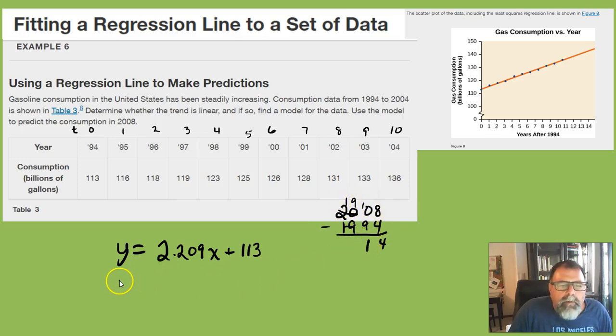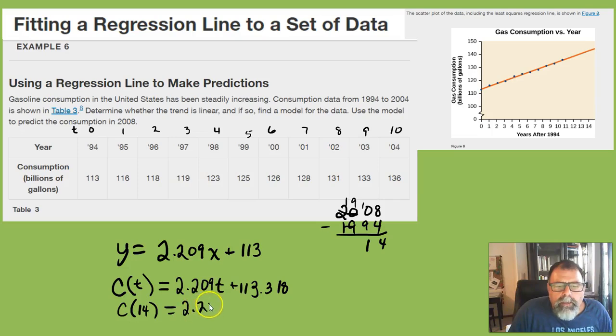14. So if we want to do consumption as a function of time, 2.209 T plus 113.318. Let's see, at 14. Punch that in your calculator to make your prediction.